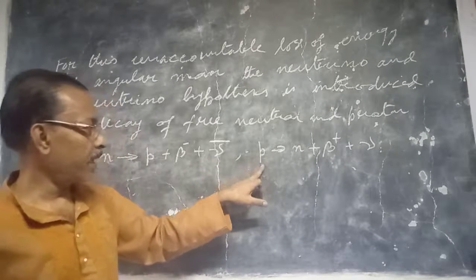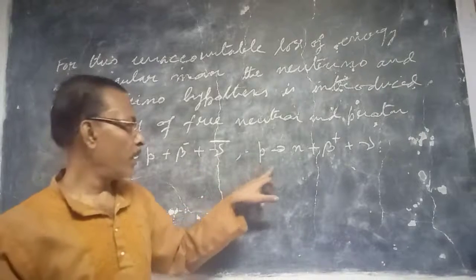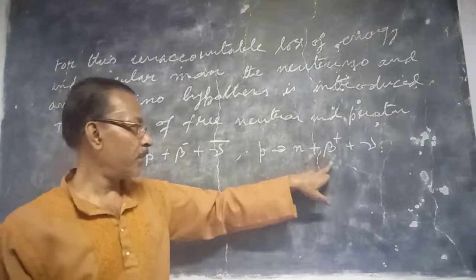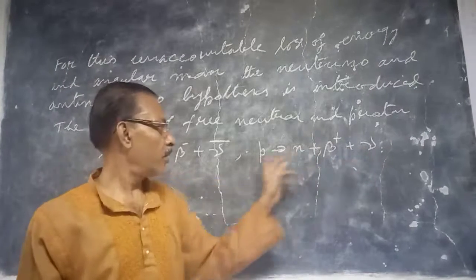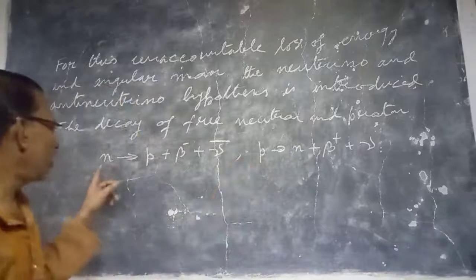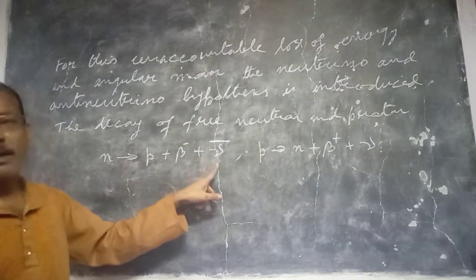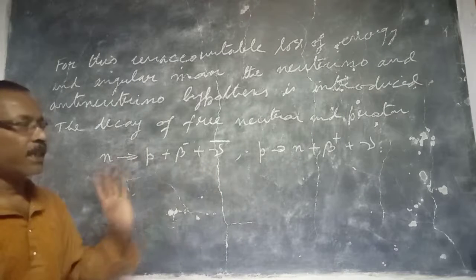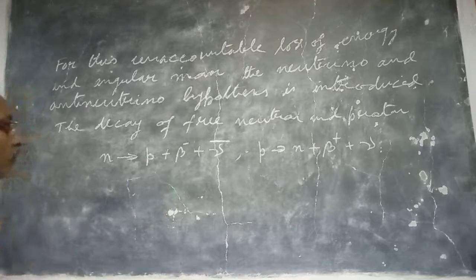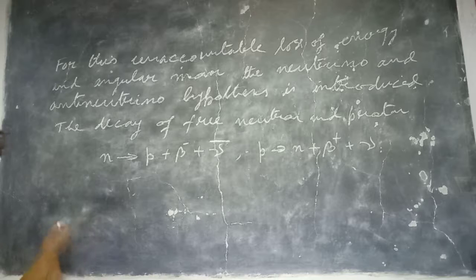Here: neutral, positive charge, neutral. So charge is balanced. Here also: neutral, positive charge, negative charge, neutral. So charge is balanced.